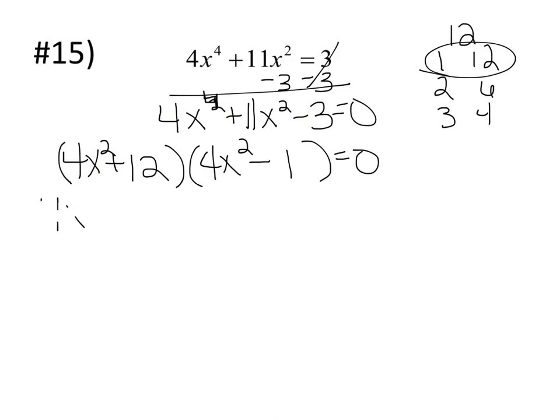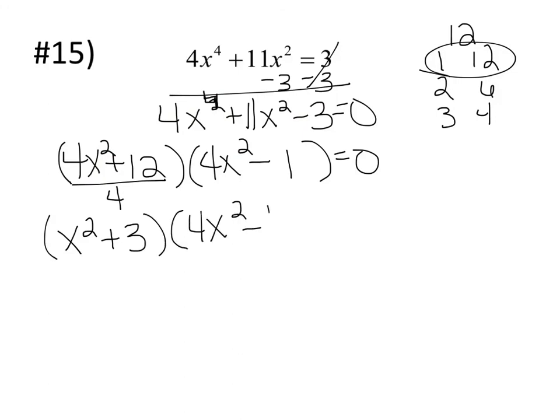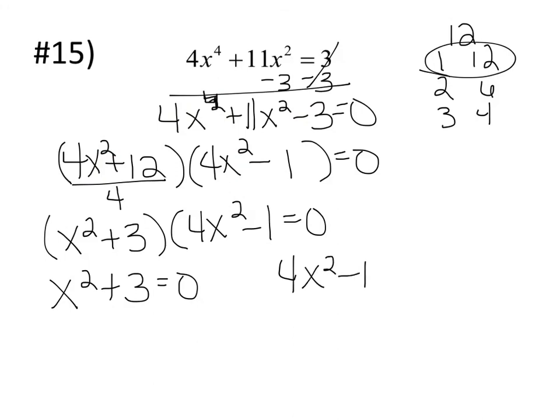Oh, just kidding. Before I do that, see if there's anything that can be divided out of either house. So the first house, a 4 can be divided out, which leaves me x squared plus 3 times 4x squared minus 1 is equal to 0. So I'm going to say x squared plus 3 equals 0, and 4x squared minus 1 equals 0.